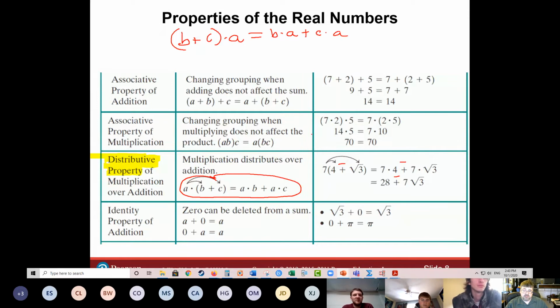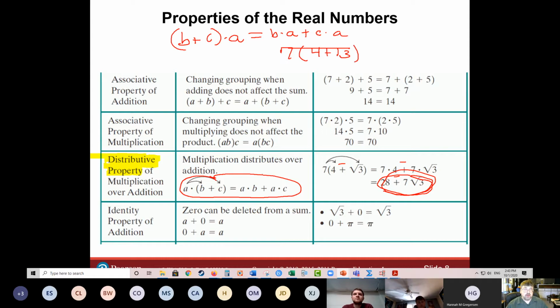So you'll also have problems where you start with this, and from this you're going to say, oh, this is the same as 7 times 4 plus the square root of 3. So remember, that equal sign means it goes either way.